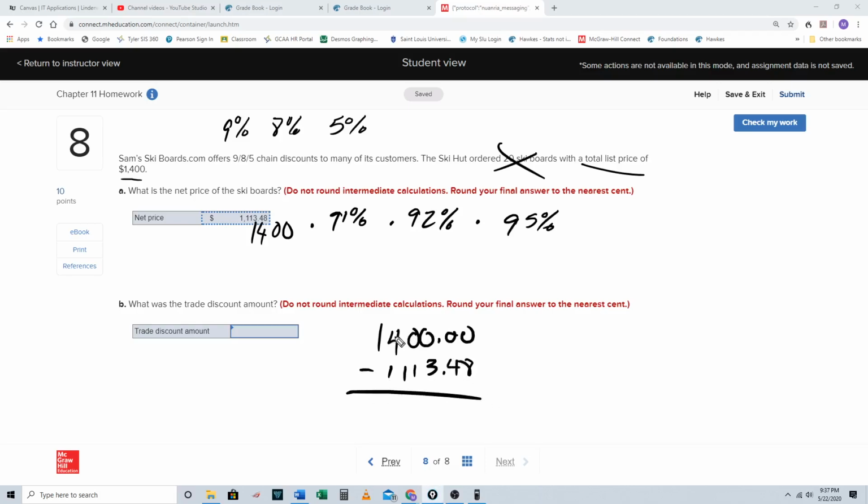Again, using borrow first. There we go. That's a 0 there. So that means they saved $286.52.